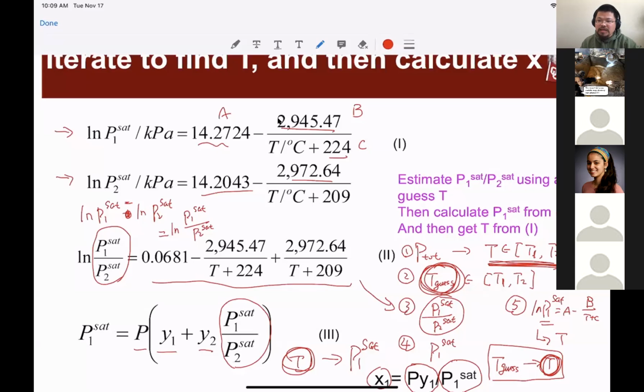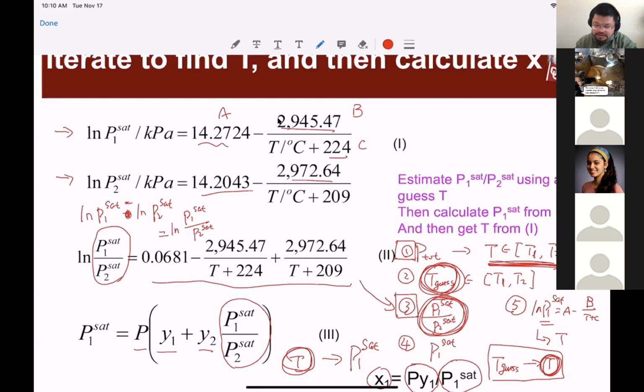And then the other is we need to realize that we cannot figure out the exact values of P1 sat, P2 sat, but knowing the temperature, we are able to quickly figure out their ratio, right? So that is how we are going to reduce the calculation and how we are going to run the iteration. So step one is very interesting. Step 3 is also interesting.